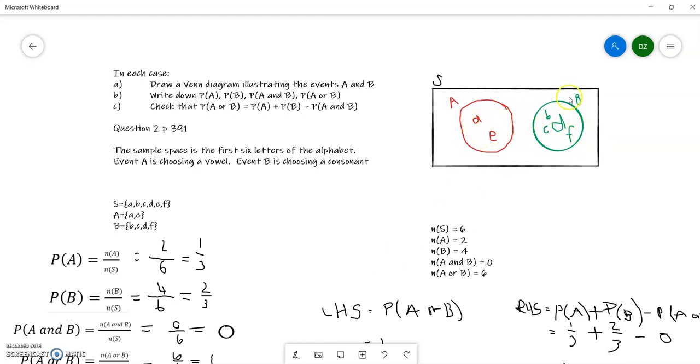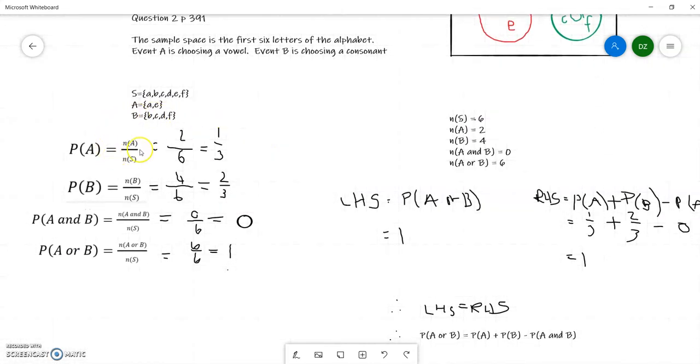All the letters together we call the sample space: A, B, C, D, E, and F. Each one of them is an element of my sample space. Then I defined A to be my vowels. It has 2 elements, A and E. And I defined B to be my consonants. It has 4 elements, B, C, D, and F.